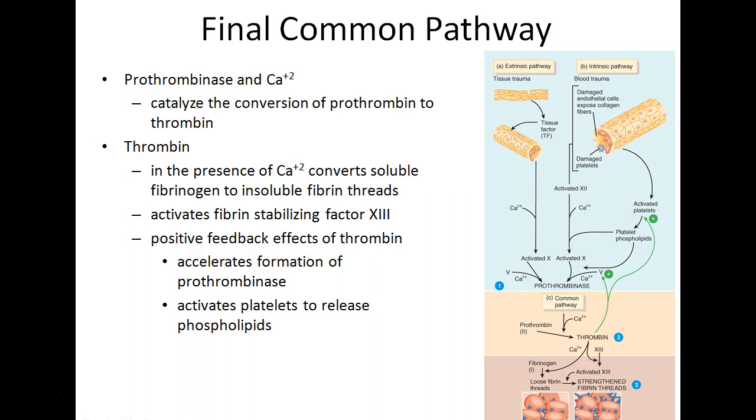Then thrombin converts soluble fibrinogen into that insoluble fibrin. And again, with the presence of calcium, factor 13 is activated, and this stabilizes and works with the fibrin monomers to create a sort of framework for that clot, so that the clot can form and effectively stop the overflow of blood loss.